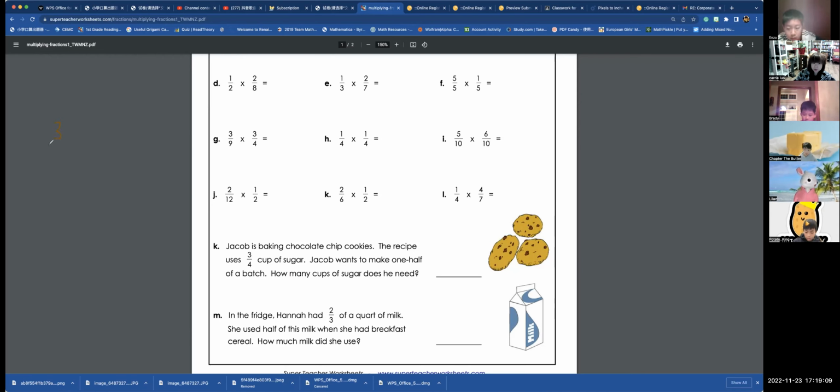The recipe is 3/4 cups of sugar, and Jacob wants to make 1/2 of a batch. What does it mean? So the recipe uses... Okay. So what is it Jacob wants to make? Thank you, Athene. Jacob wants to make 1/2 of a batch. What does it mean? How many cups of sugar does he need?